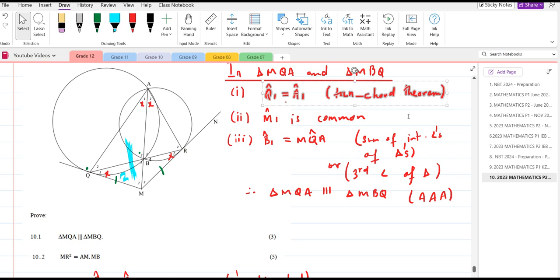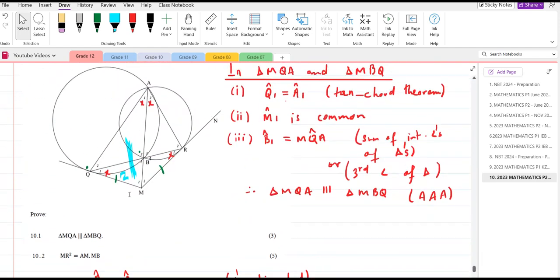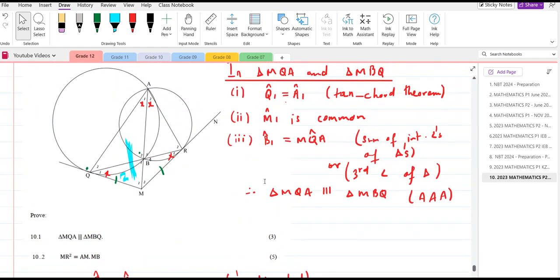Just write it here as well, even though it's not necessary. We proved it above, and that's also equal to x, and that's the tan chord theorem. Let me put the reasons at the side. So now we've got QM equals MR. Now we can use this.